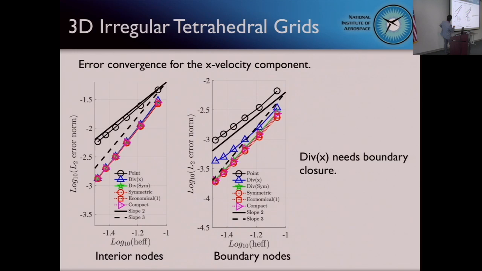This is the accuracy of x velocity component. With the point quadrature, you get only second-order accuracy on the interior nodes and boundary nodes. But with these accuracy-preserving formulas, you achieve third-order accuracy. And again, this divergence formulation needs boundary closure. And I guess the boundary closure is not implemented, right? Because we don't need to implement it anymore.